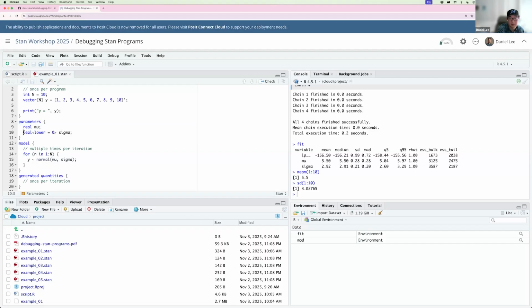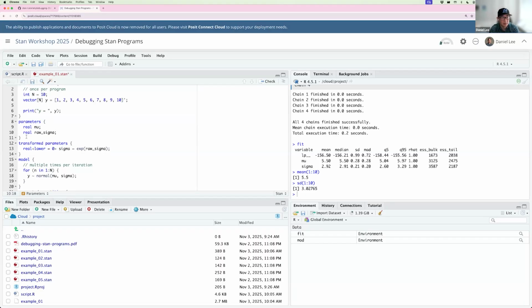There's a set of unconstrained parameters that sometimes map exactly to the parameters you have, but here doing this is equivalent to a transform.